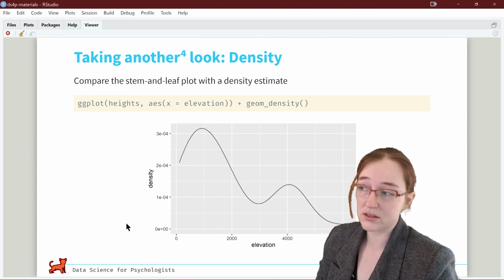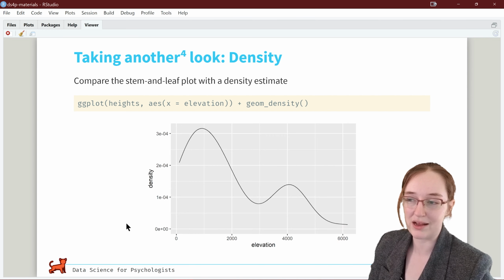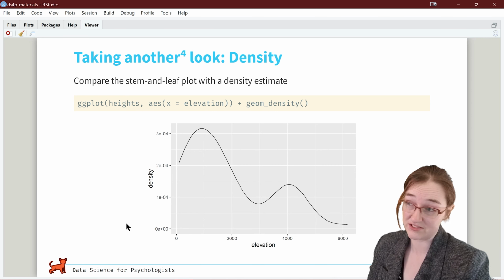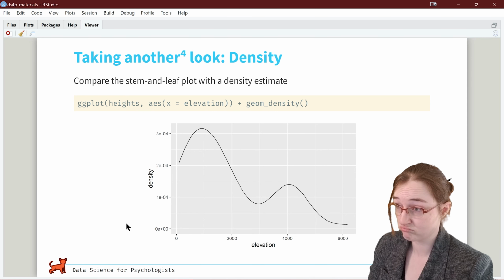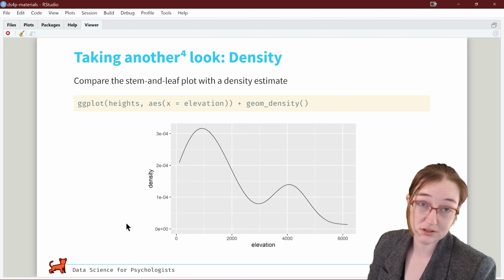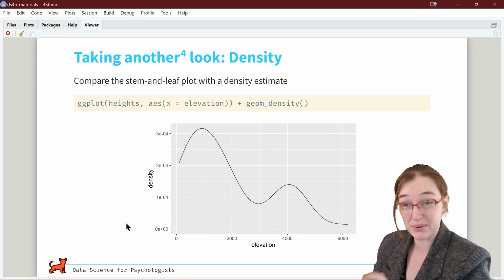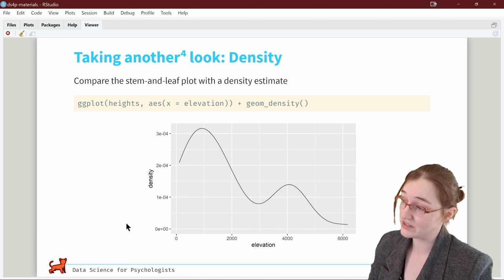So let's take another look. Let's compare the stem and leaf plot with a density estimate. Here, we're using ggplot, and all this code is fully reproduced, so you can just copy and paste it from the slides.